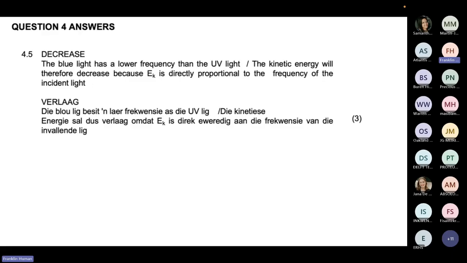The higher above the threshold frequency of that specific metal you are, the more energy will be available for the electrons in the form of kinetic energy, and therefore the faster the electrons will move.